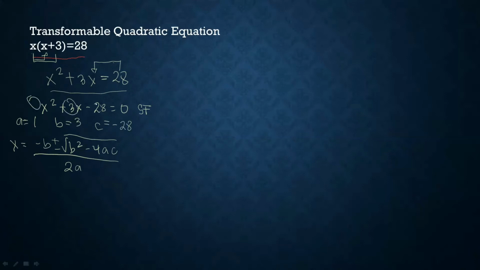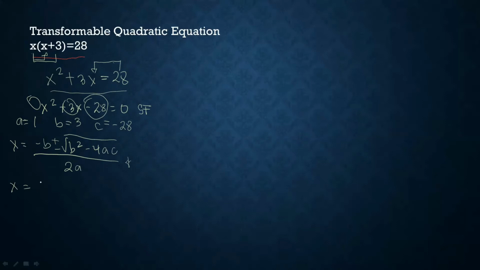Ayan po. And then after natin ma-identify yung ating real numbers a, b, and c, we are going to substitute it to our formula, the quadratic formula. So pag sinubstitute natin, it becomes x is equal to, don't forget or don't be confused that the sign of our formula is different from the sign of the values of our real number.